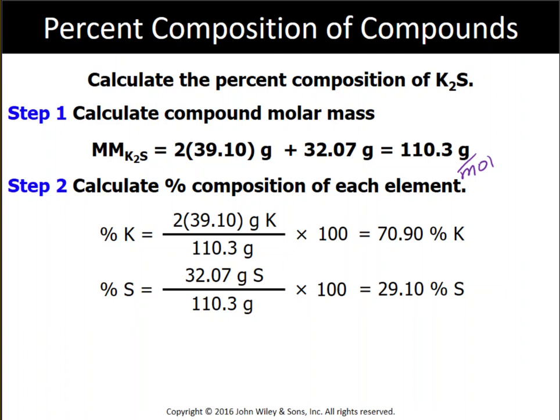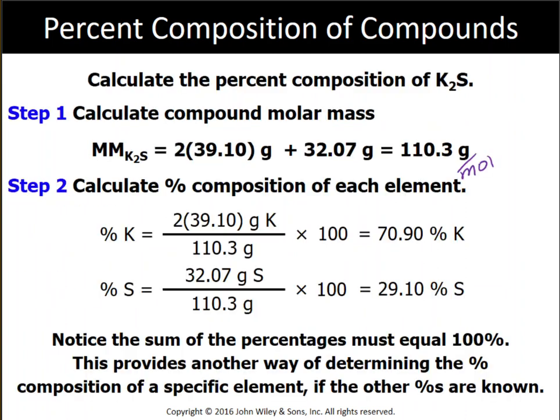Now, a couple of things to keep in mind and remember while we're looking at percent compositions. If you notice here, potassium sulfide is composed of potassium and sulfur. So once you find the percent composition of potassium and sulfur, the sum of the percent composition of potassium and sulfur should add up to 100%, because potassium sulfide is composed of only potassium and sulfur. That also means that we don't necessarily have to have the mass of every single element in our compound.